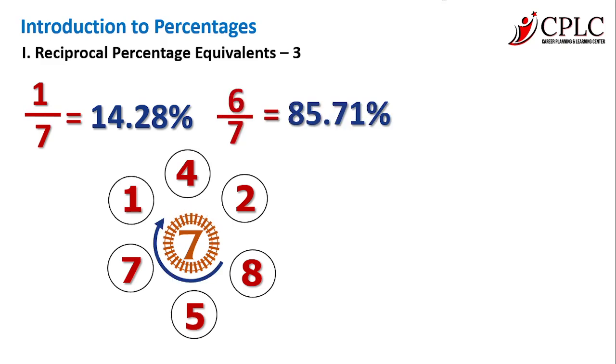So this is the way in which you can remember all these fractions, and this is how the idea becomes easy for us to use them going forward whenever we talk about fractions.